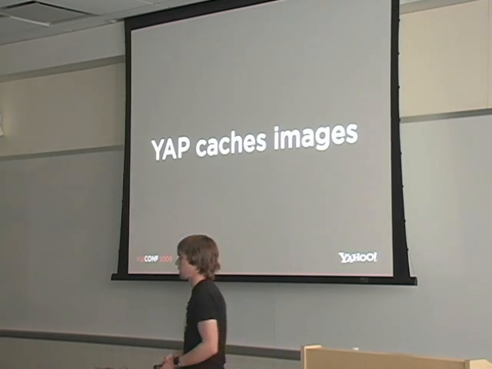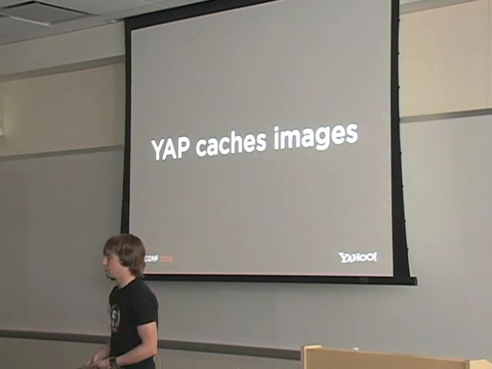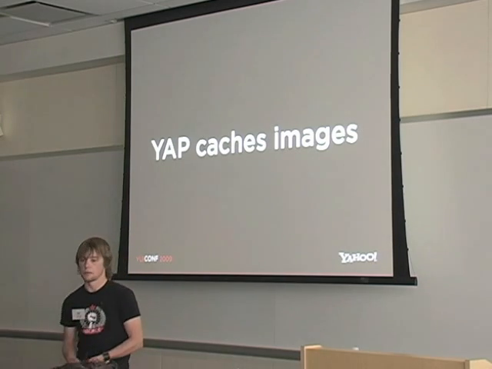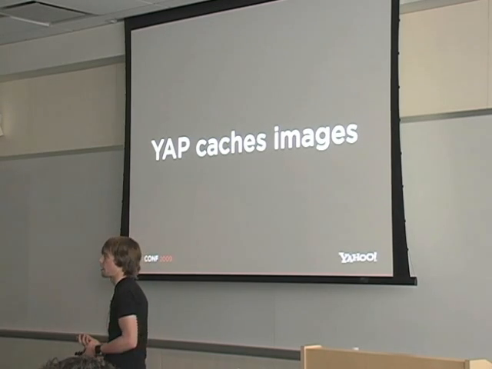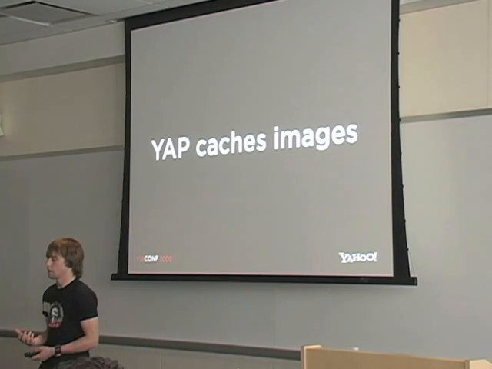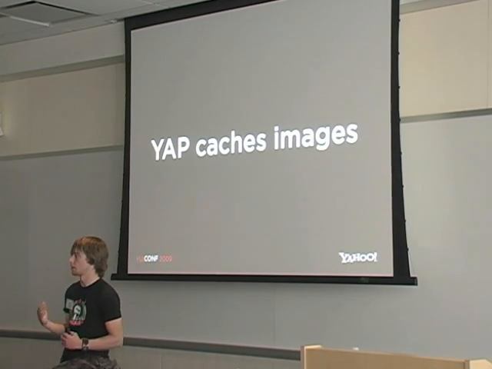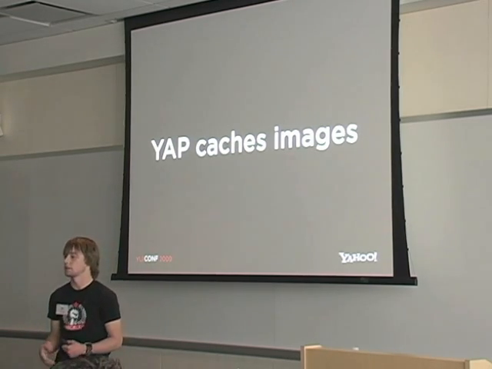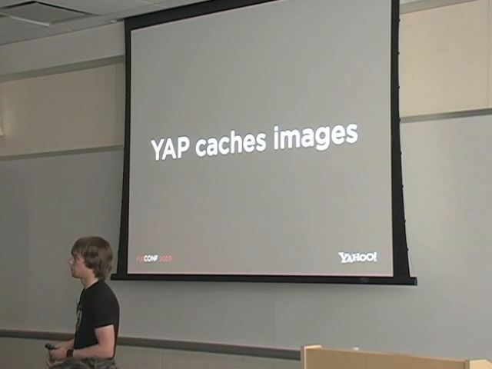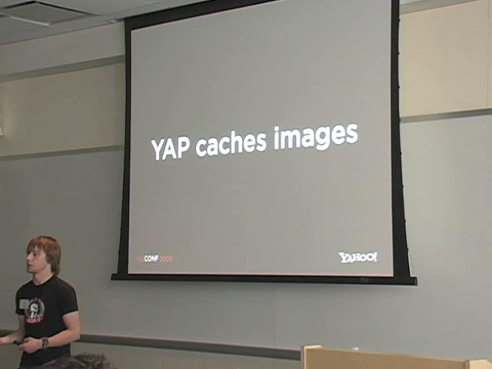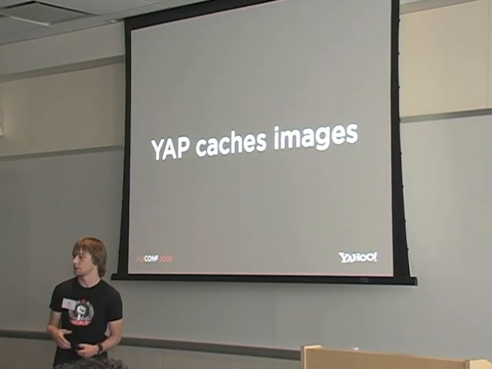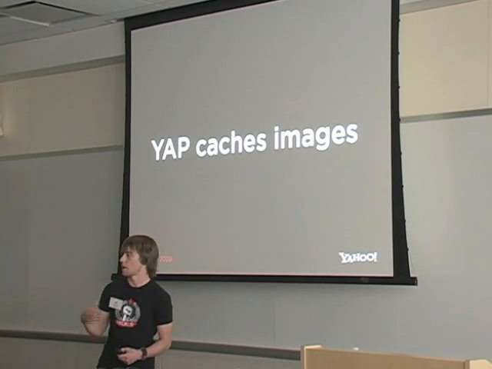Another thing that you want to keep in mind about YAP is, for various reasons, we cache images. The most important one, I believe, is that we allow any application to have its own icon. So if you are looking at a list of your installed applications, or if you're searching for applications and you have a whole list of them, basically that means that we're getting, say, 20 images from 20 different domains, which can slow down the performance of our own websites for purposes of showing a list of applications.